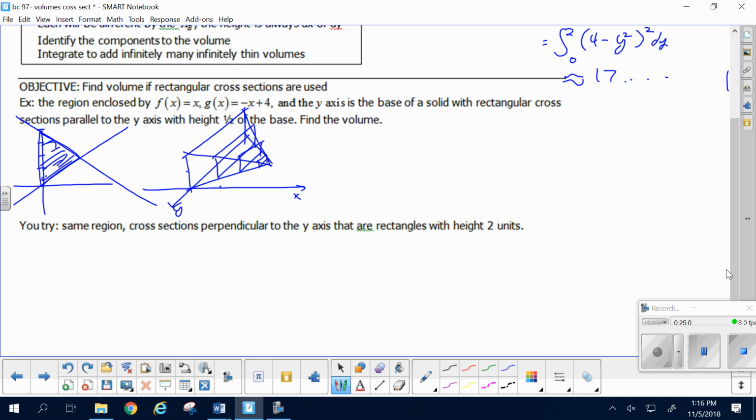Because if the base goes to 0, then the height goes to 0, right? Might help then to draw a representative cross section. That's really the phrase of the day, cross section. The thickness is the height, and that is dx or dy here. dx.